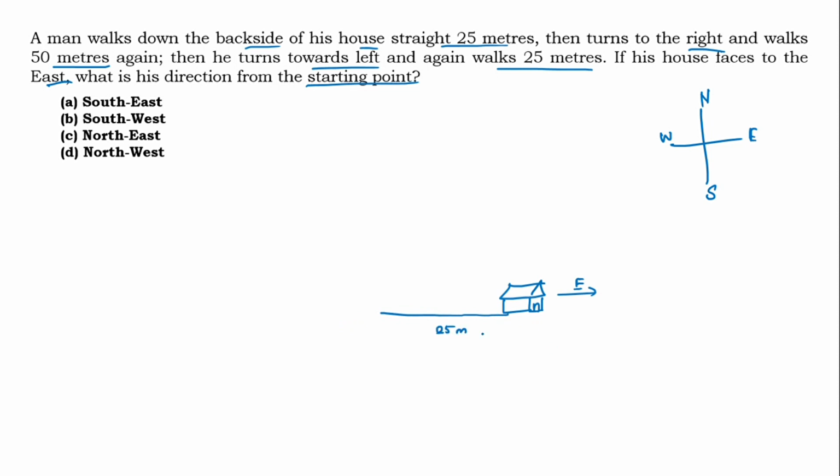So when he walks like this, he will turn right like this. Right? And walks 50 meters again. And then he turns towards left and again walks 25 meters.